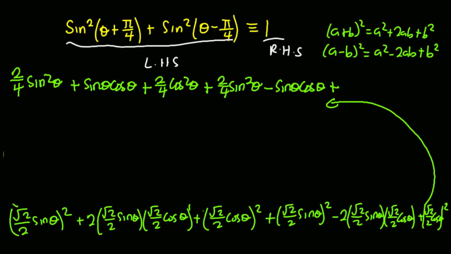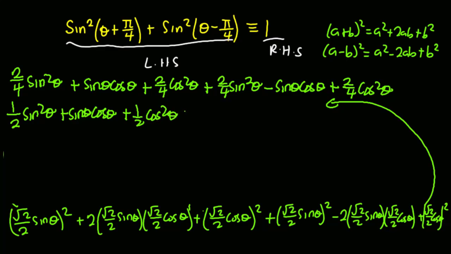That gives us 2 on 4 cos squared theta. So breaking this down gives us 1 on 2 sine squared theta plus sine theta cos theta plus 1 on 2 cos squared theta plus another 1 on 2 sine squared theta minus sine theta cos theta plus 1 on 2 cos squared theta.